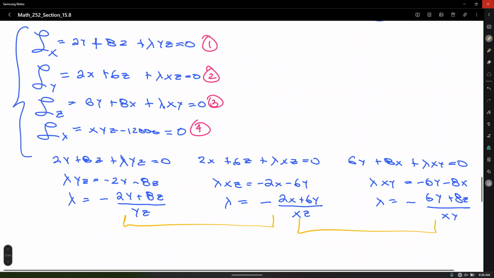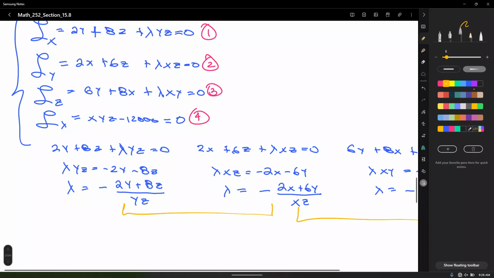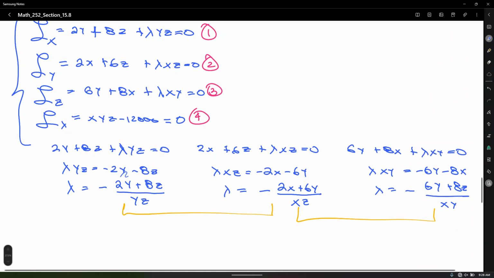Okay. So I'm going to set the first two equations together. That is, this quantity equals that quantity. But do you see how both quantities are negative? How about I just get rid of the negatives, okay, to save time. So that is 2y plus 8z over yz equals 2x plus 6y over xz.